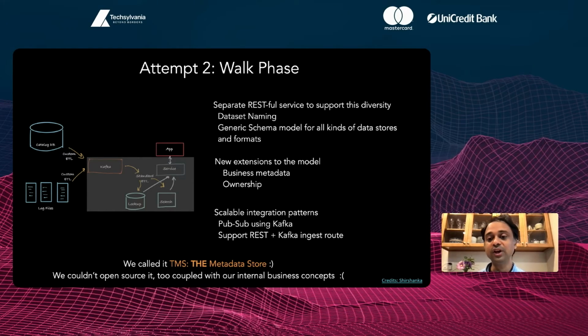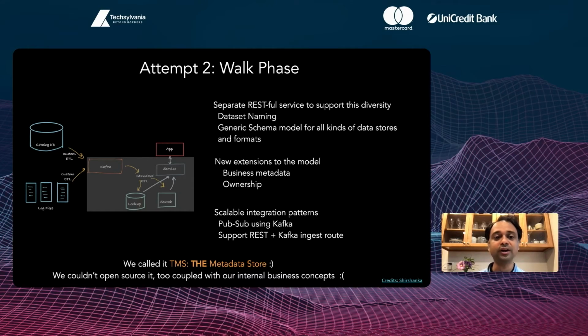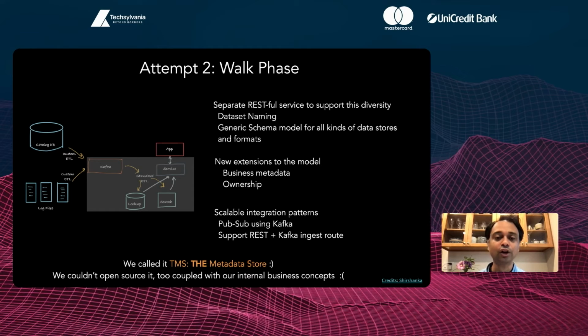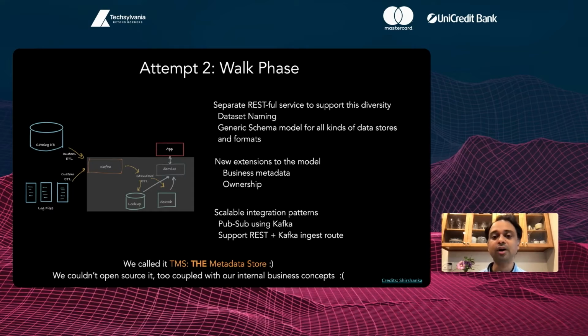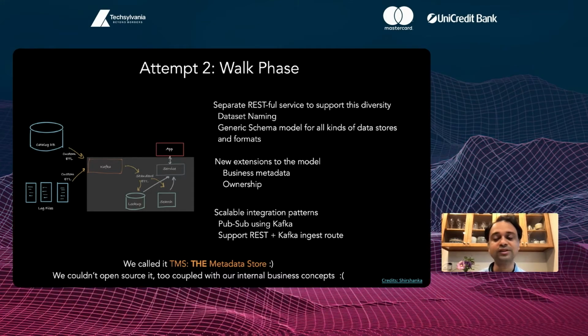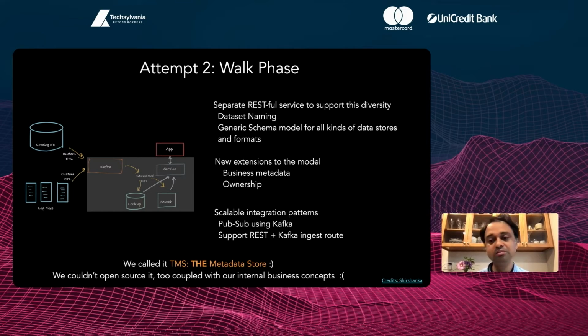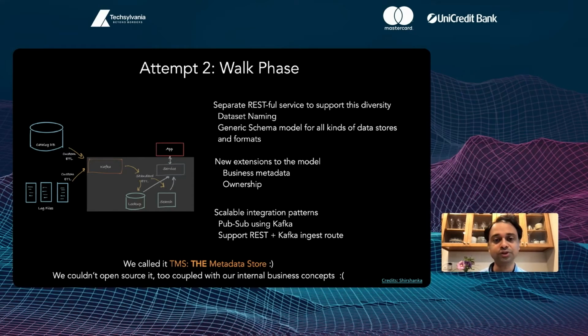By this time, we had also learned and made the model a lot more extensible. So the metadata model had become a lot more extensible. We could tag on more properties that were not necessarily part of the metadata that the source system stored. So let's say, for example, you had a MySQL database, and maybe the MySQL database is not storing the ownership information for those data sets.